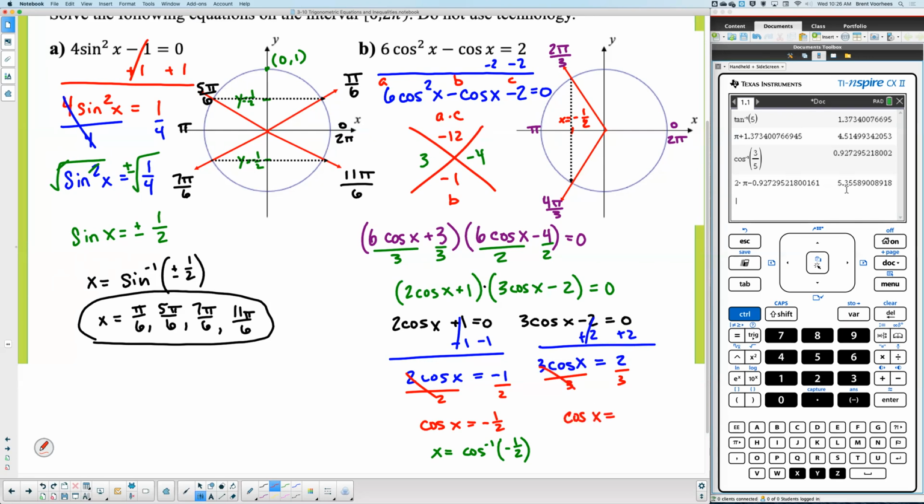So cosine x equals 2/3. So 2/3 would be somewhere in here. We will need the calculator on this one, despite what the instructions say. So we're going to look for 2/3 here, these 2 values.